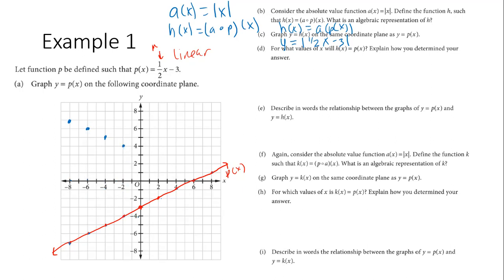What happens at 0, -3? It's going to become 0, 3. What's going to happen at 2, -2? It's going to be 2, 2. What happens at 4, -1? 4, 1. What happens at 6, 0? It stays the same.